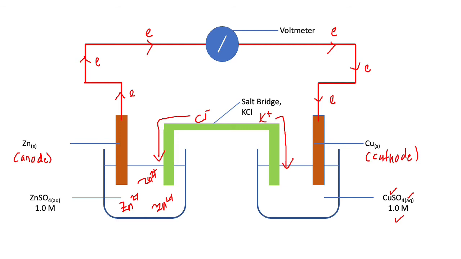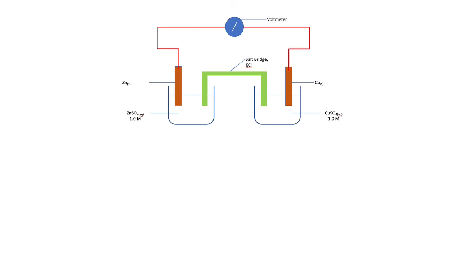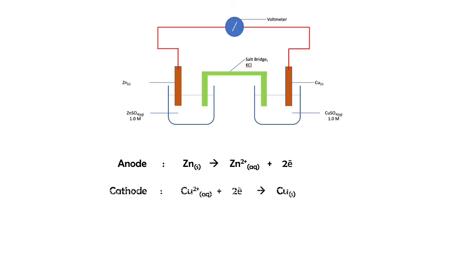Should you have a question, you may be asked to draw a complete galvanic cell. So here it is. Now let's write the half cell of this reaction. At the anode, you are going to write the half cell like this.